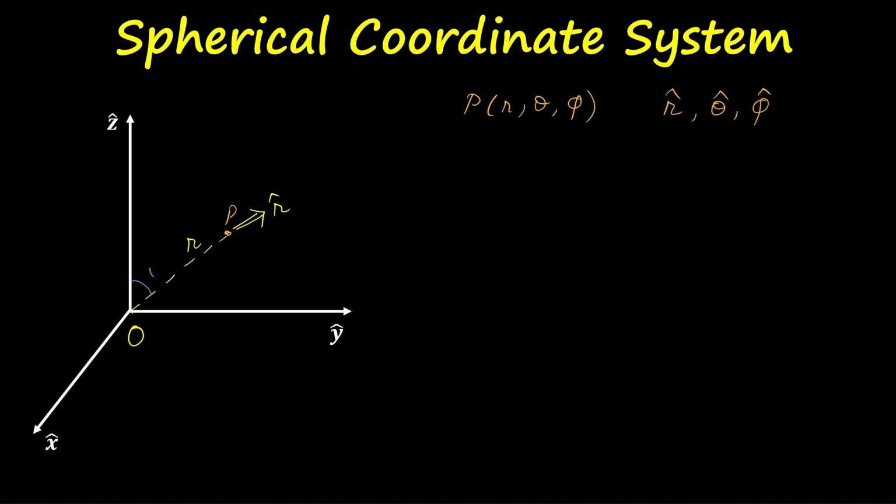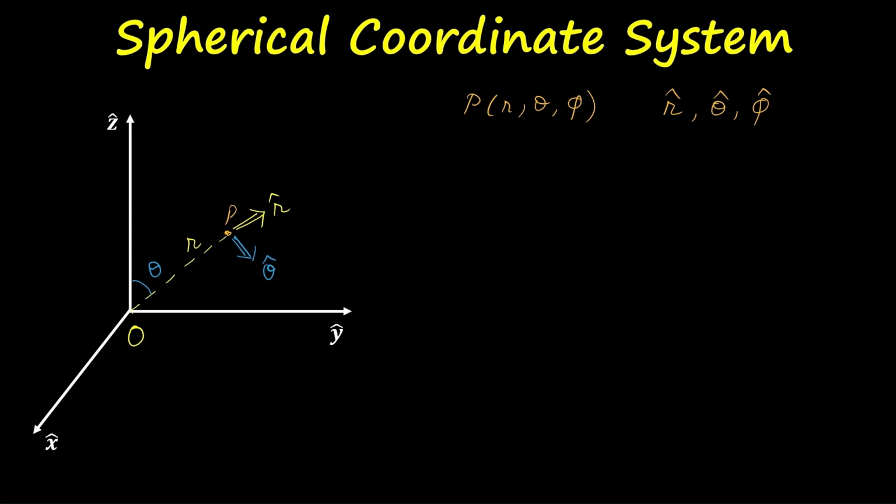So this is theta. Now, if you see this theta from the z-axis, it measures the angle. So the theta direction will be along this direction. That one we can indicate here. So this will be the direction of theta cap.